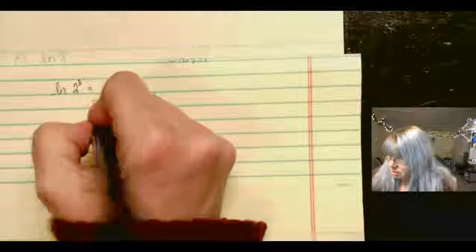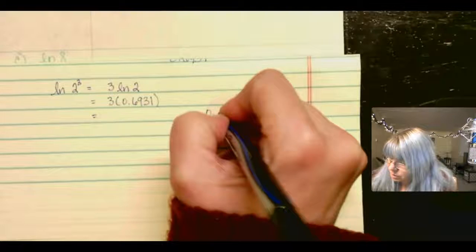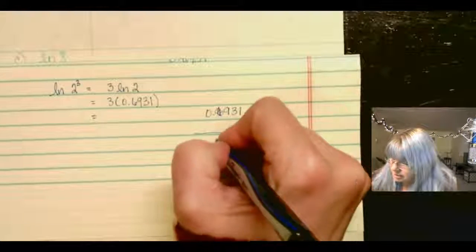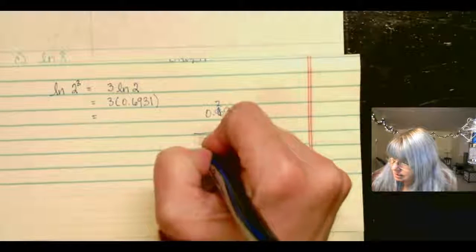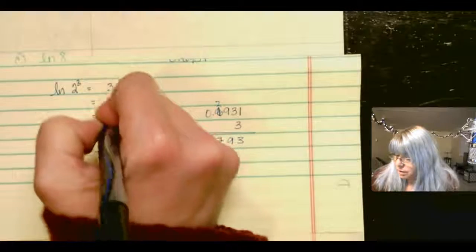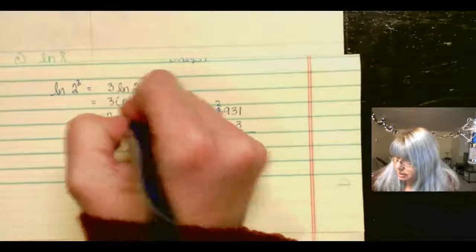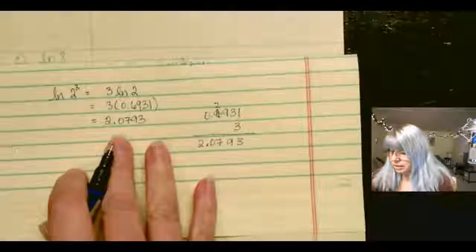Now, 0.6931 times 3 would be 3, 9, 27, carry the 2, 18 is 20. Therefore, 2.0793 will be the ln of 8.